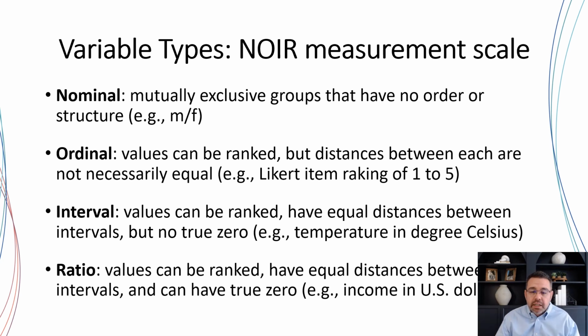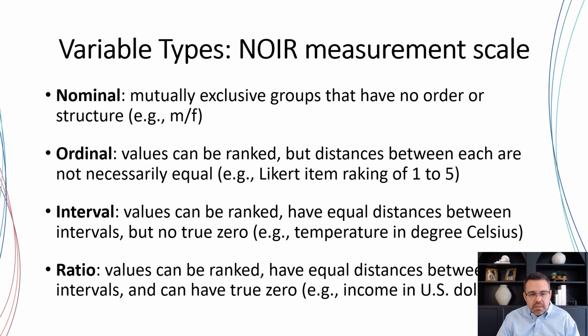Interval data, again, can carry a little more information. These are variables whose values can be ranked, and they have equal distances between those intervals, right? So that sets them apart from the ordinal data. But one caveat here is that they have no true zero value, right?